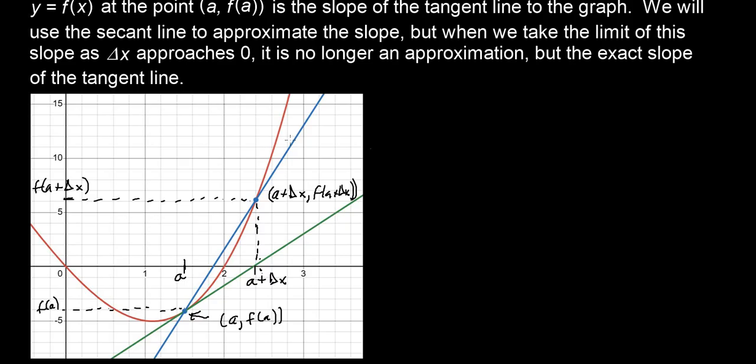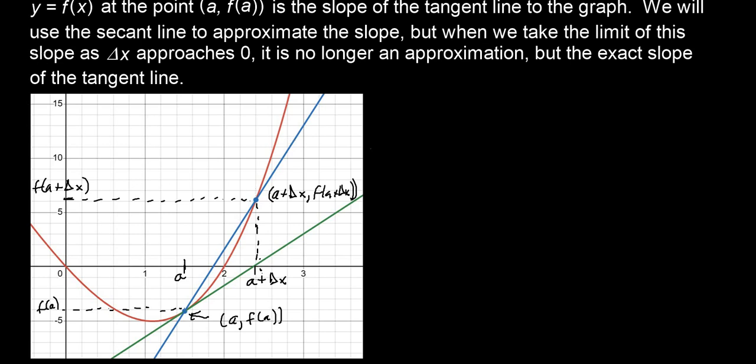And then in the limit as delta x goes to 0, that secant line would become the tangent line, and that approximation would no longer be an approximation. We would find exactly the slope of that tangent line, as well as the slope of the graph at the point a, f of a.